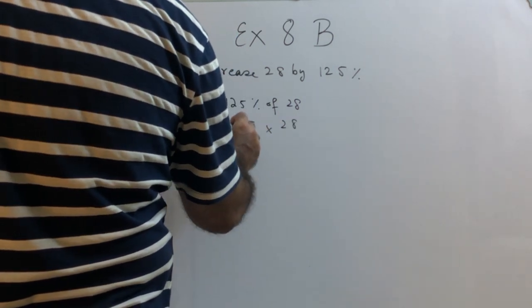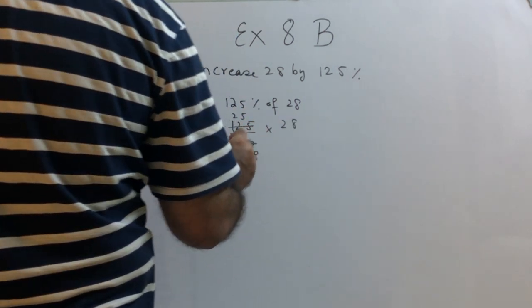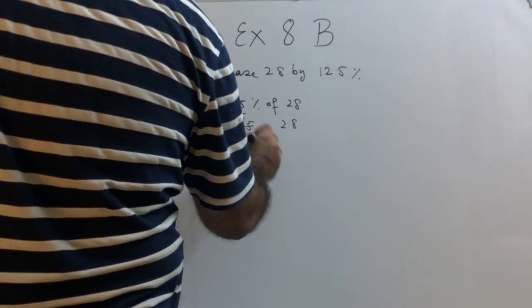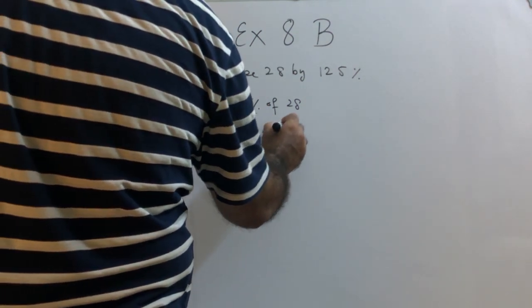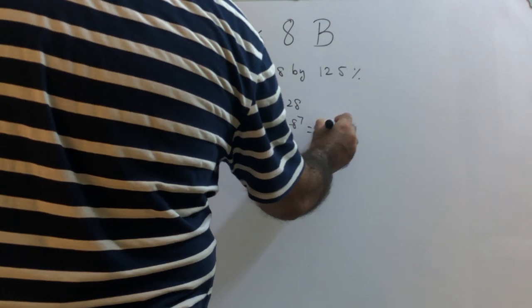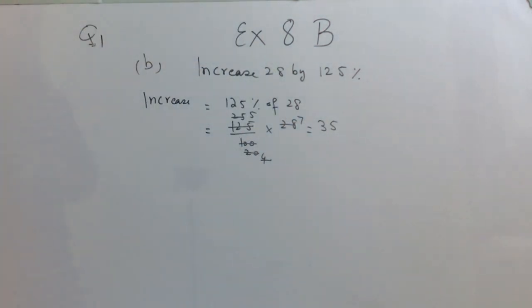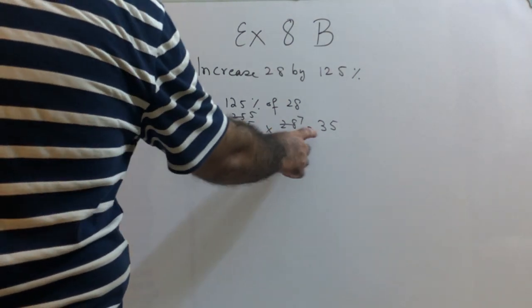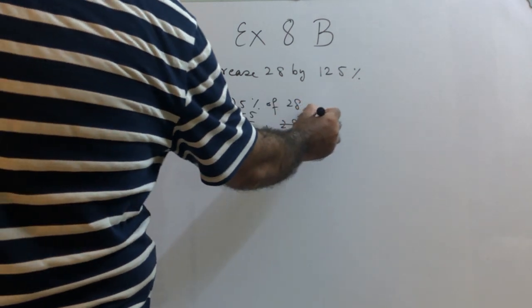5 2s are 10. 5 2s are 10. 5 5s are 25. 5 4s are 20. 5 5s are 25. 4 7s are 28. Becomes 35. So 125% of 28 is 35. This is the increase which we need to do.